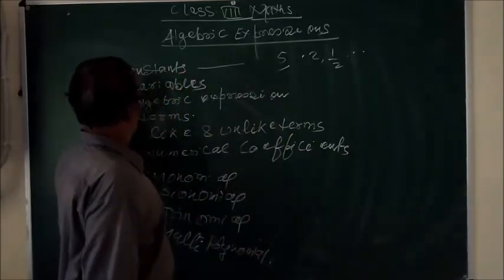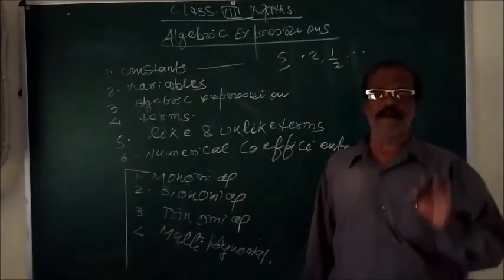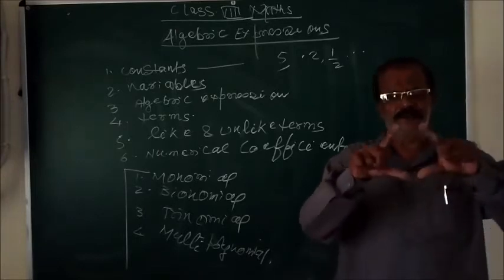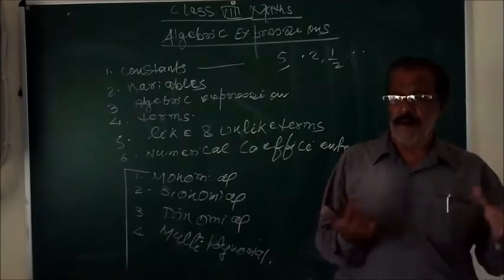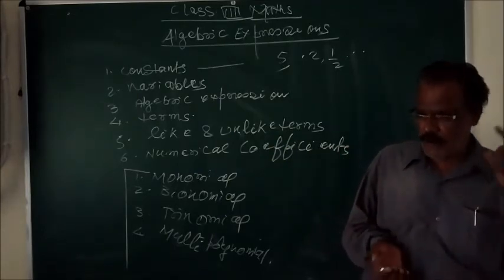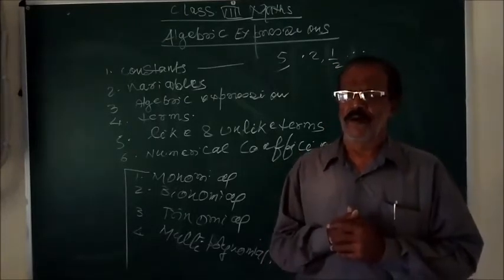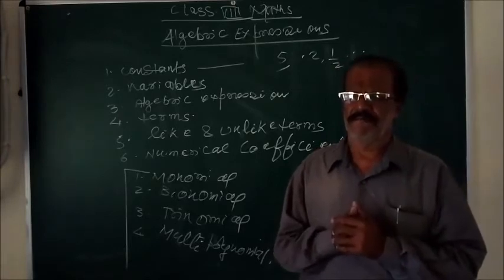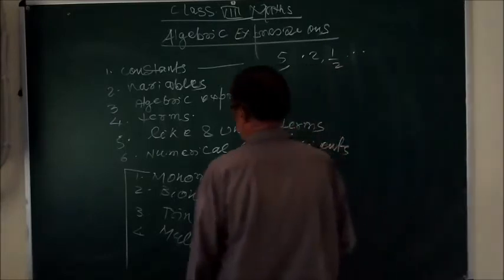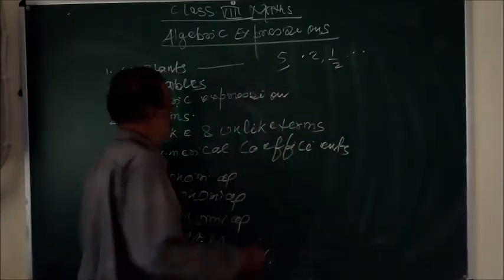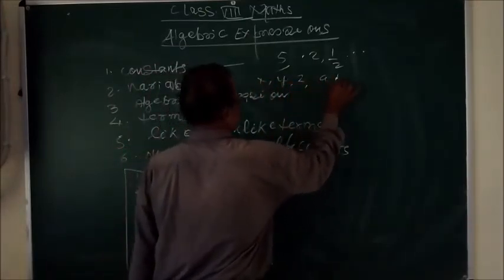Variable. If you find the meaning of variable, the word is derived from the word vary. Vary means to change. So it is very clear what the meaning of variable is. The quantities whose value is not fixed, whose value changes, are generally denoted by English alphabets, X, Y, Z, A, B, C, like this.